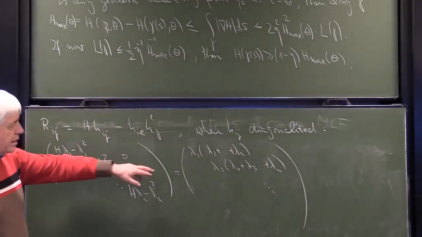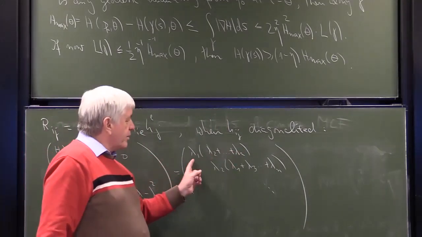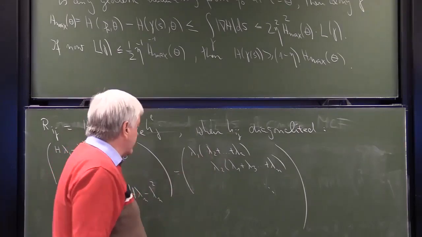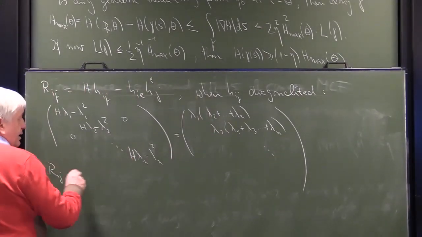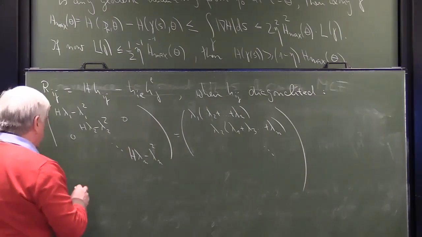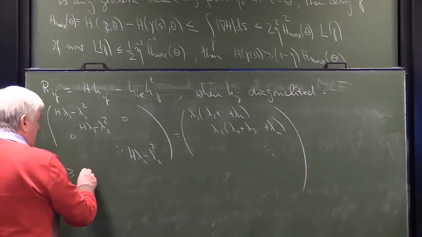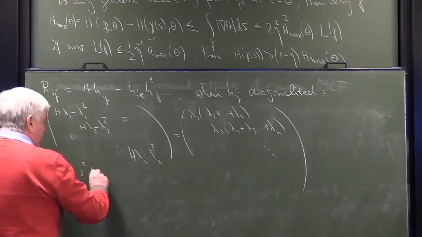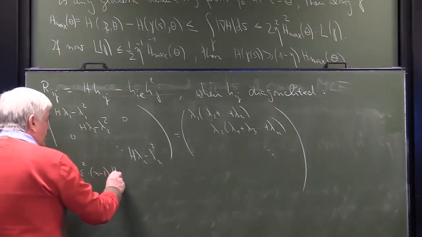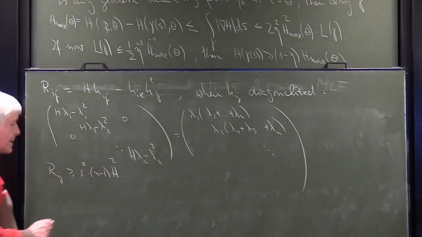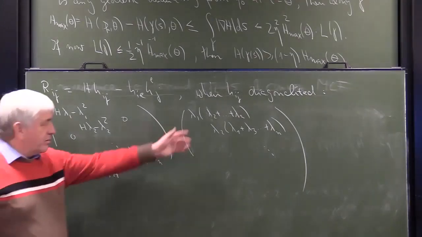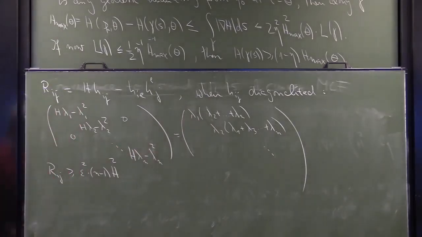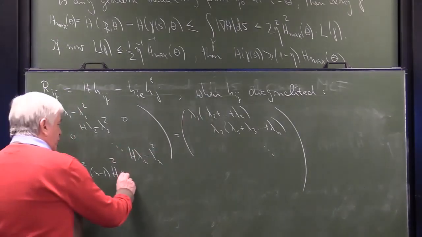So we see that in each term, we can apply our convexity estimates. So we get that R_ij, since each lambda i is bigger than epsilon times h, is bigger than epsilon squared times n minus 1 times h squared times g_ij, because we just apply the convexity estimate to each of these eigenvalues.